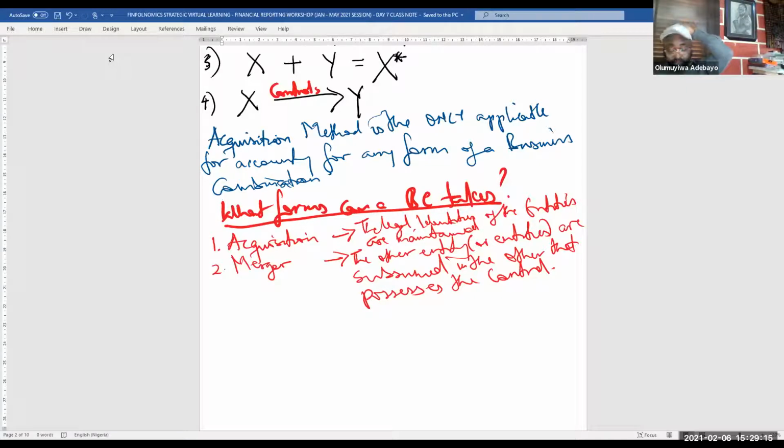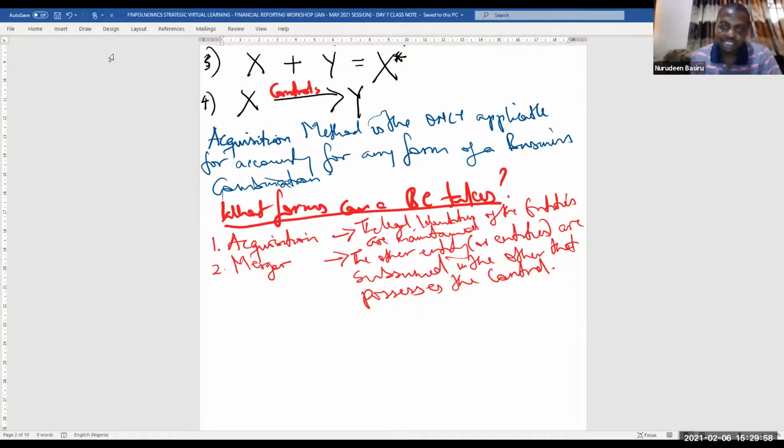Any other contribution before we proceed? Nuruddin. Yes, sir. I have the same opinion as what Segun just explained. My understanding as well is that acquisition is a situation whereby the intent of both acquirer and acquiree is not to subsume the other.